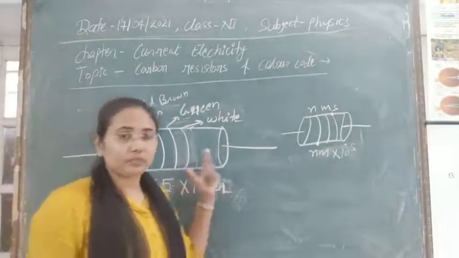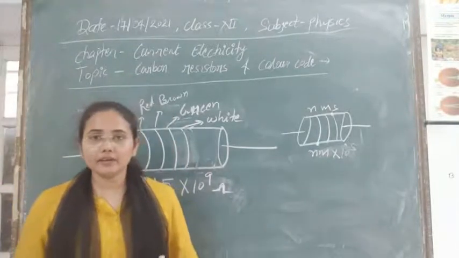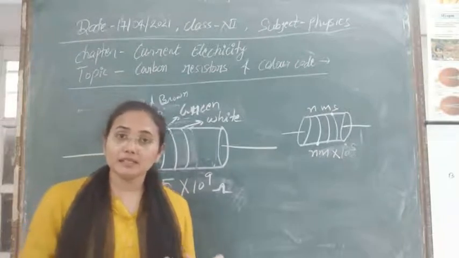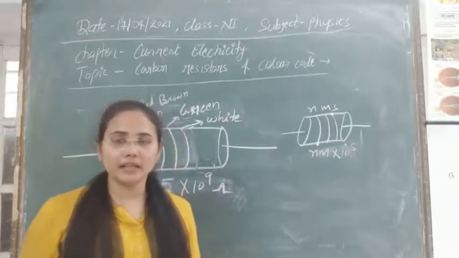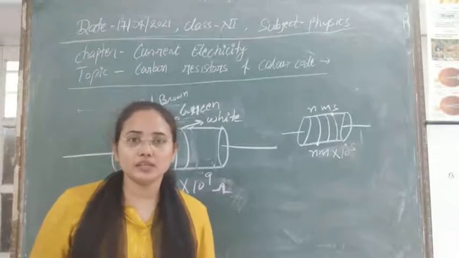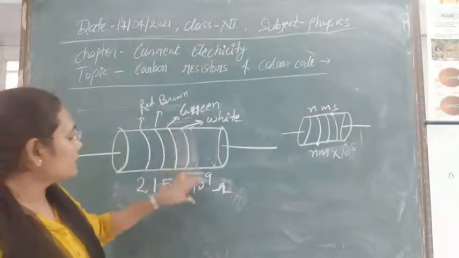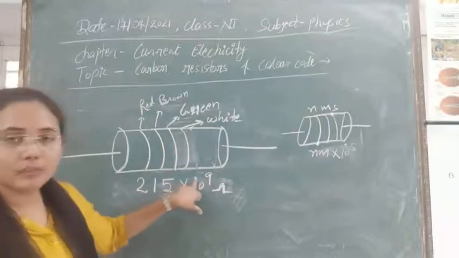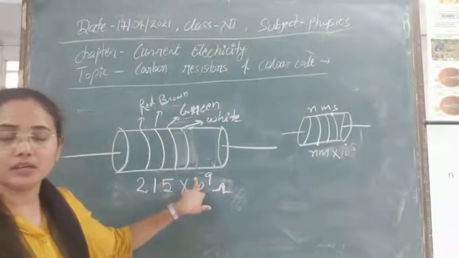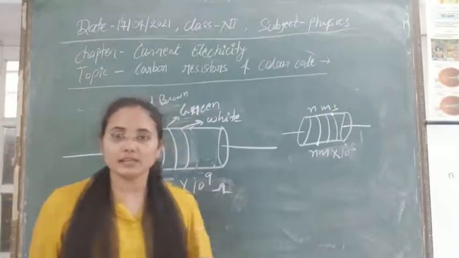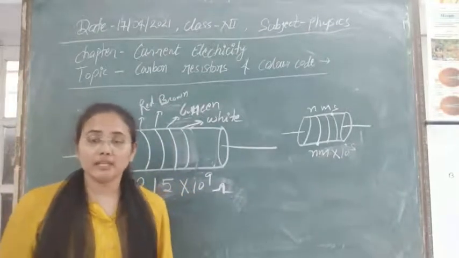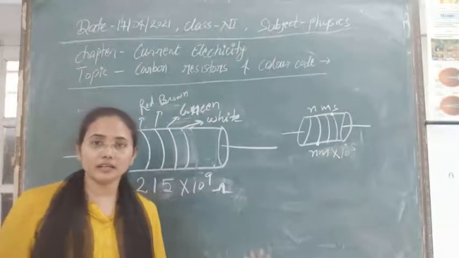So you can see that whenever the number of bands is increasing, the resistor value is also increasing, and the resistor value also depends on the multiplier that we are using. So the multiplier is increasing in a certain way. For certain colors the multiplier is very high, for certain colors it is very low.